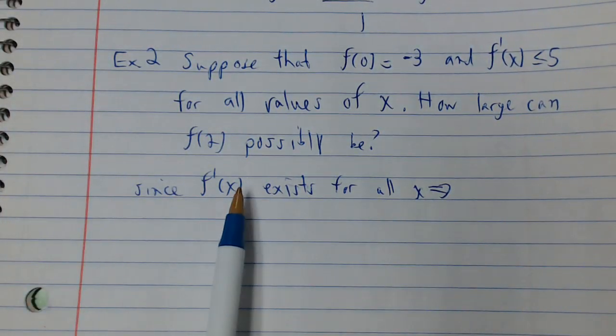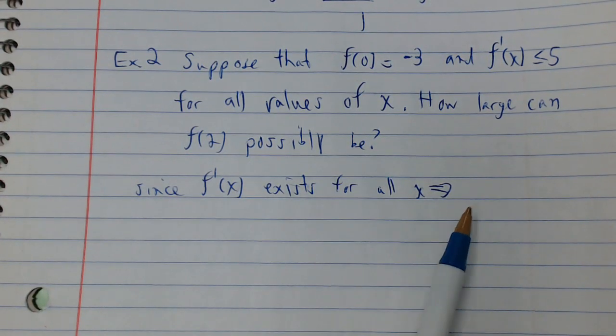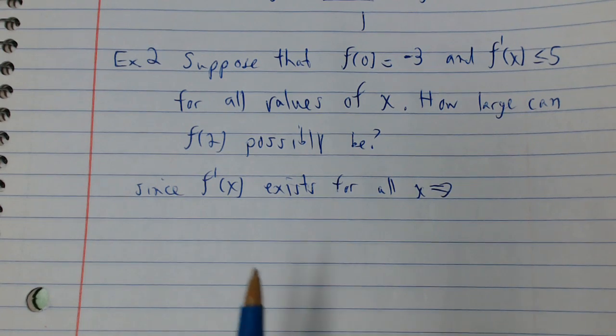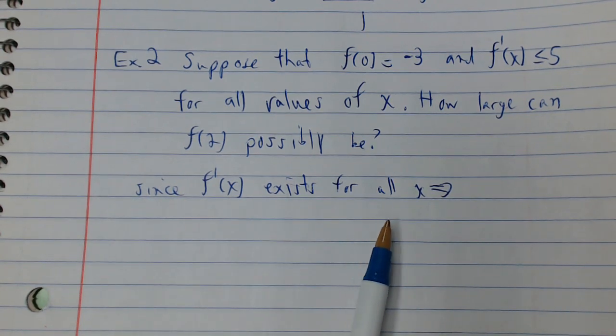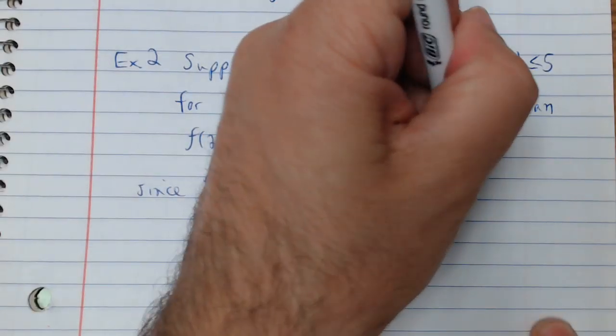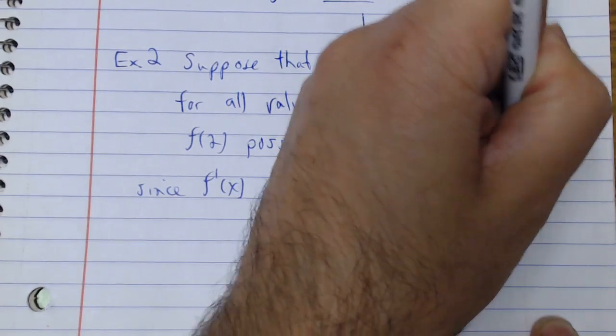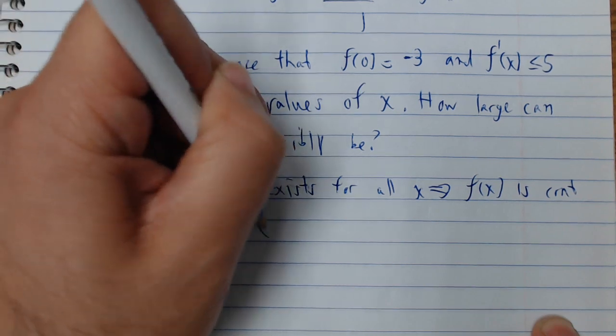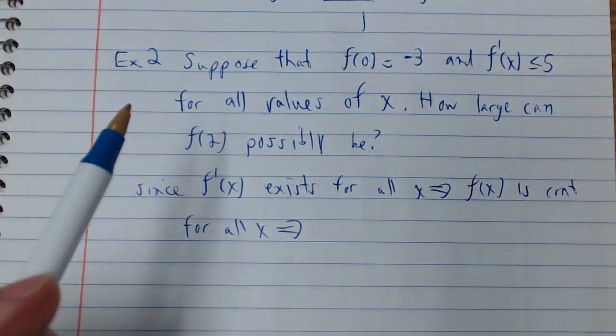Remember, if a function is differentiable, then it's continuous. Remember that statement we had earlier on? Just because a function is continuous doesn't mean it's differentiable, but if it's differentiable, then it's continuous. Then what we know is f of x is continuous for all x, which means, and now what am I going to focus on?